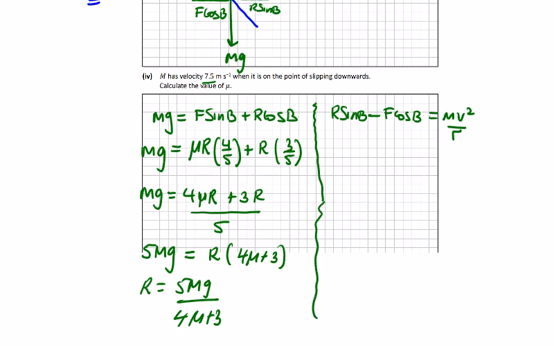So R sine beta, we have 4 over 5 times R minus the force of slipping mu R by the cos of beta, 3 over 5, is equal to m, and v is 15 over 2. So that squared is 225 over 4.